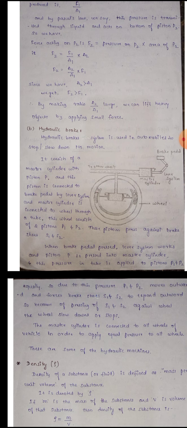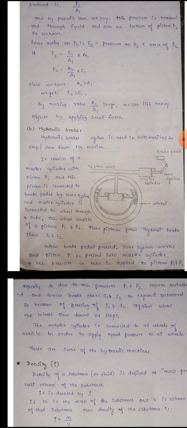These are the hydraulic brake systems. This also works on the principle of Pascal's law, and the hydraulic brake system is mainly used in automobiles. Automobiles means vehicles, cars, bikes, and so on. In those, the hydraulic brake system is used to reduce or stop the motion of the vehicle.